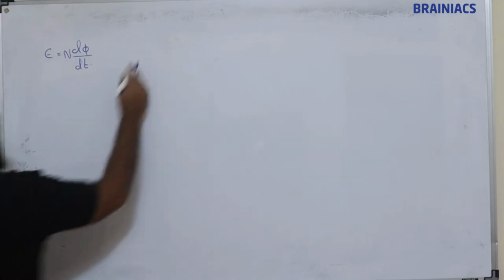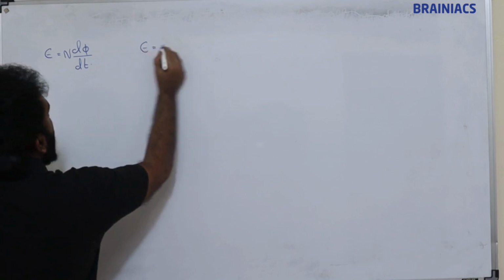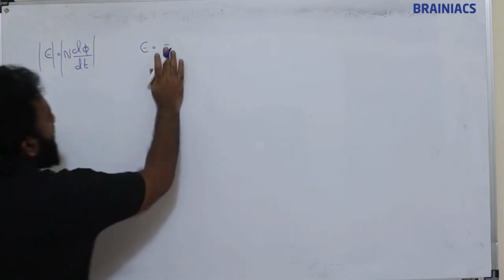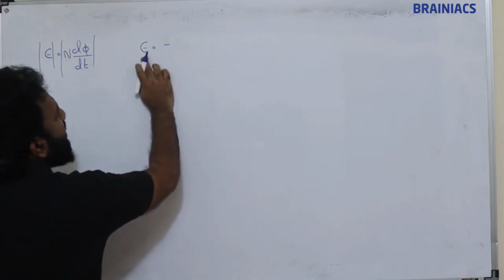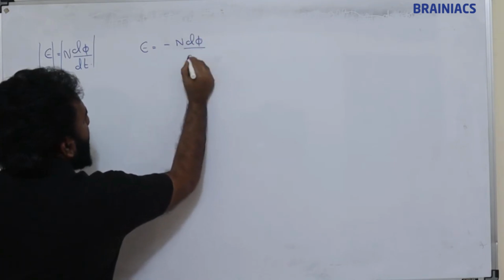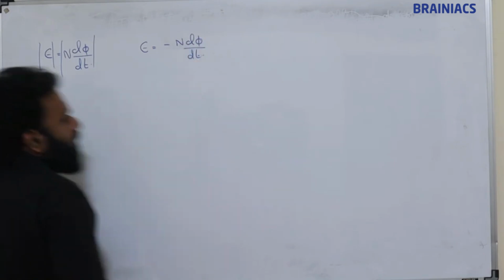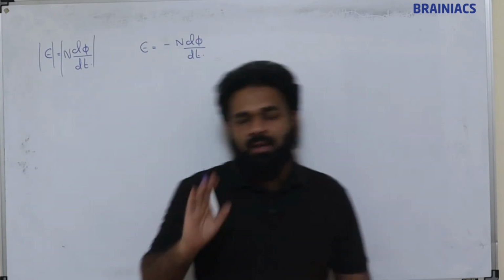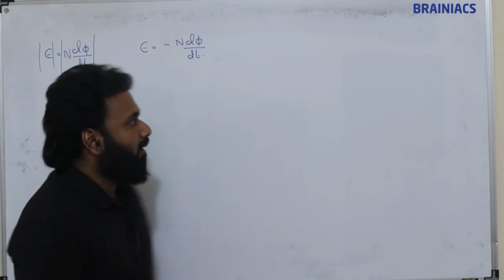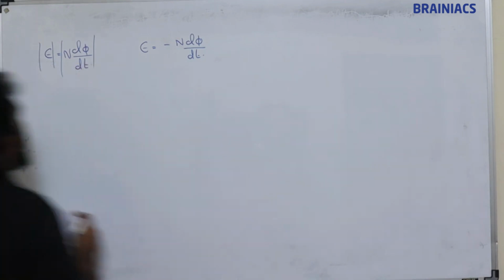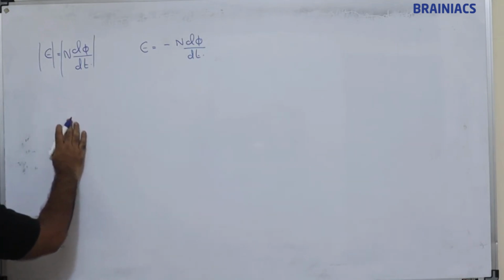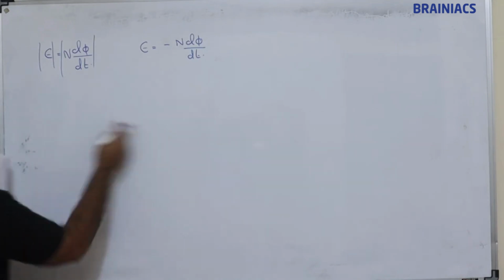The actual formula, if we consider it, is E equal to minus N d phi divided by dt. If it is mod, then we can write it like this. This time we shall consider the negative sign also, and let us see what difference it is going to make. So first data is it is kept in a plane perpendicular to the horizontal magnetic field.